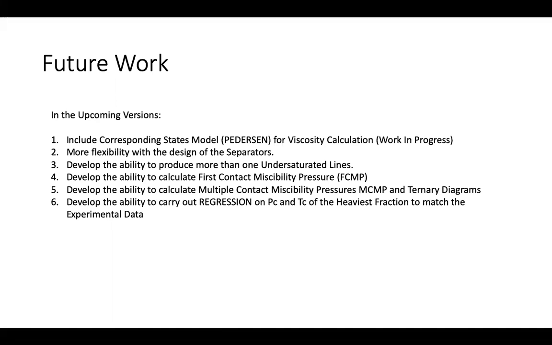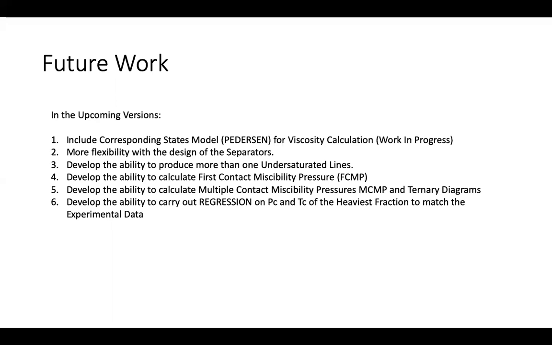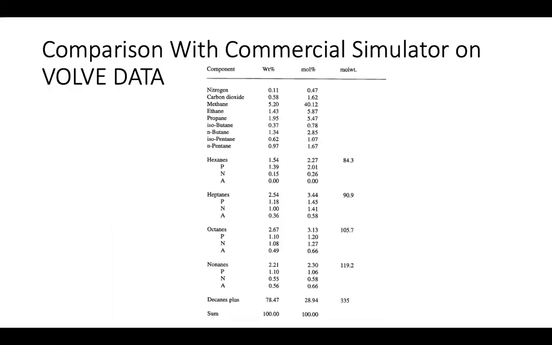In the long run, of course, I would like it to be able to calculate the first contact miscibility pressure, multiple contact miscibility pressure, and the ternary diagrams, which are very demonstrative in terms of showing the miscibility. Okay, so I will eventually work on those as well. So now, Alejandro, my colleague, gave me Wall's data set.